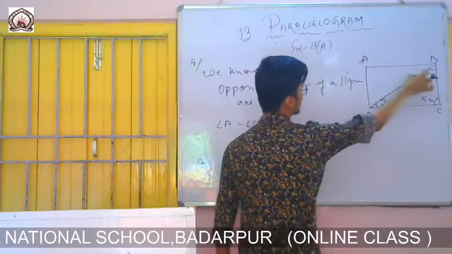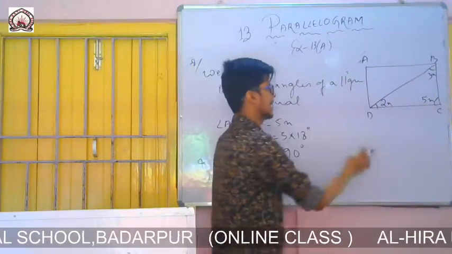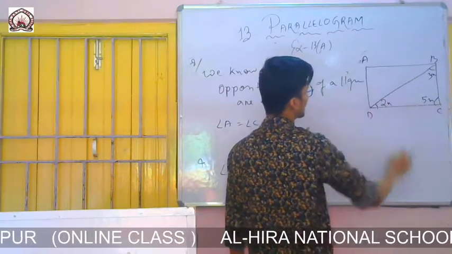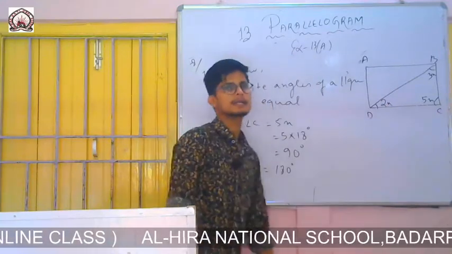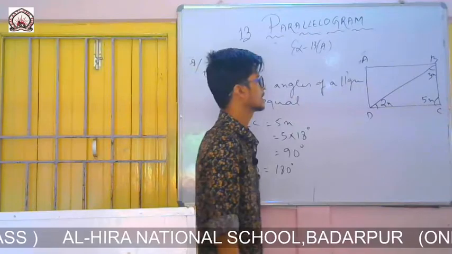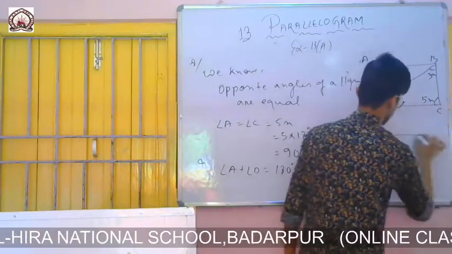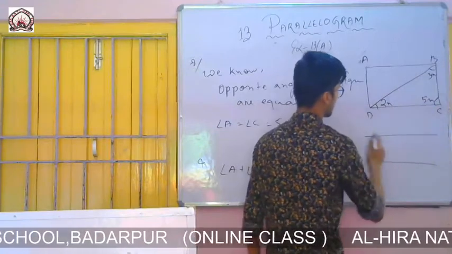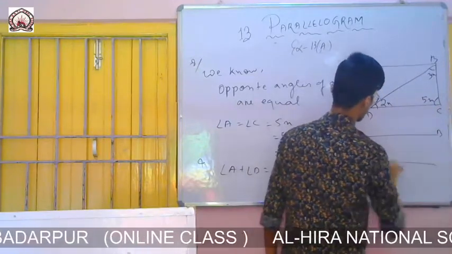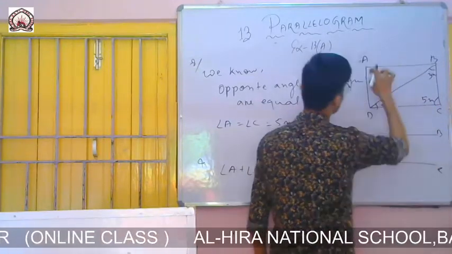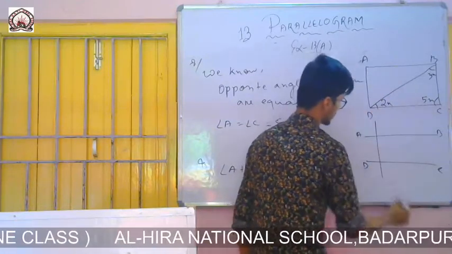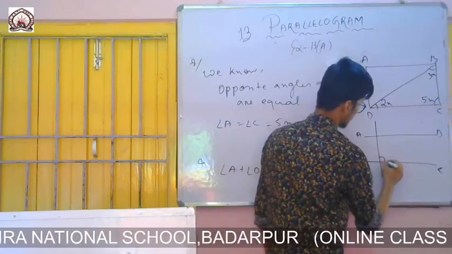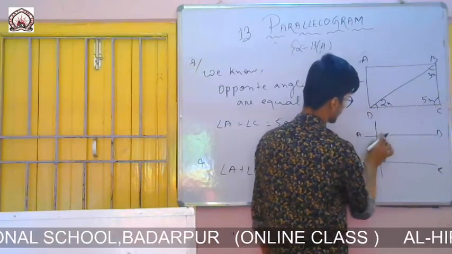The opposite angles of a parallelogram are equal, and the adjacent angles, if I add these two, will be 180 degrees, because AB is parallel to DC, and if I take this one as a transversal, you see I have taken this one as transversal.